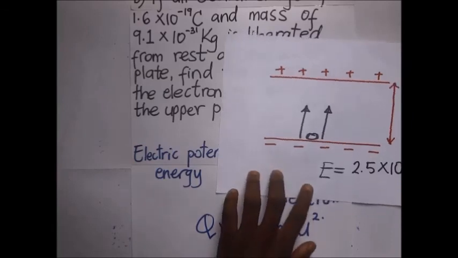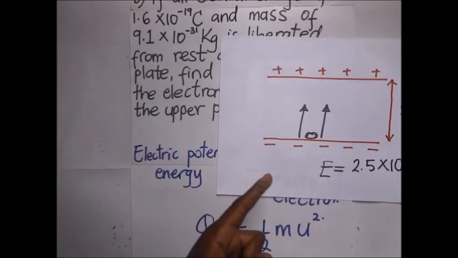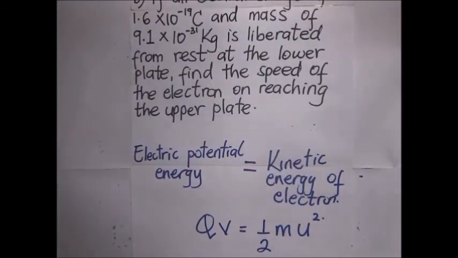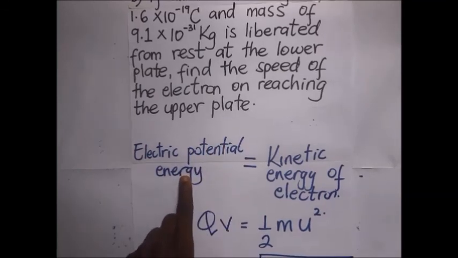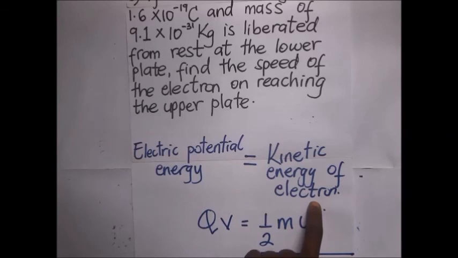So the electric potential energy possessed by this electron while it was in the field has been converted into kinetic energy. That is our first step: the electric potential energy is going to be equal to the kinetic energy of the electron.